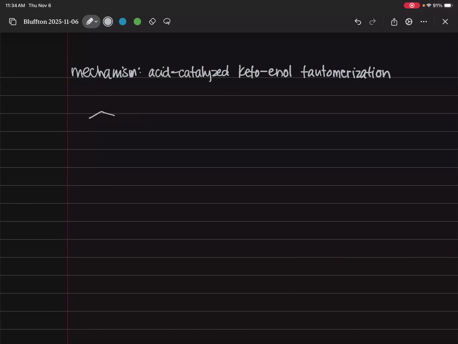So we start with our ketone, and it's acid catalyzed. So we've got some acid in solution. And in this case, I'm going to use the hydronium ion, which is H3O plus.